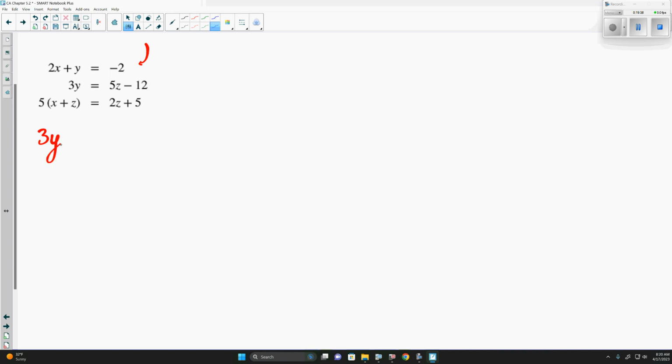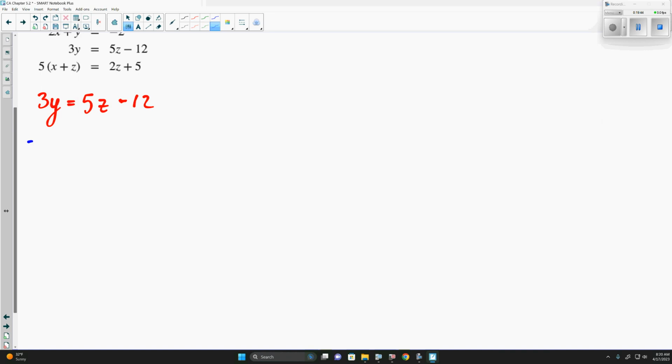So we can start off with the middle. 3y is equal to 5z minus 12. And we can subtract 5z from both sides, telling us that 3y minus 5z is equal to negative 12.